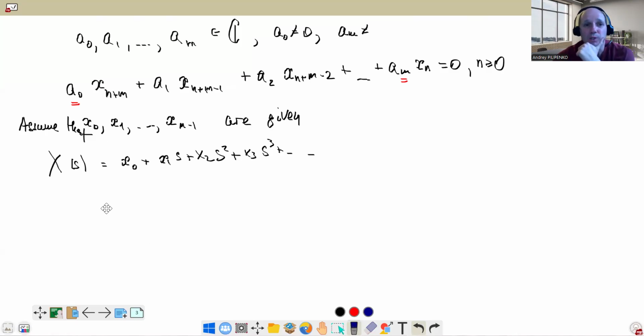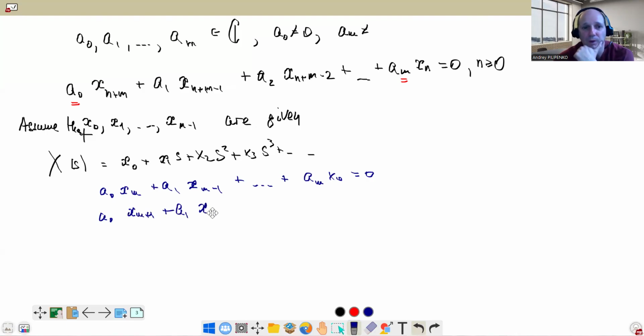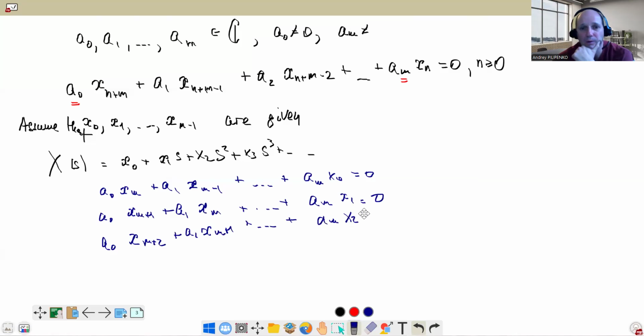So let me write all these equations, starting from the first one: a0 x_m + a1 x_{m-1} + ... + am x0 = 0, a0 x_{m+1} + ..., and so on.